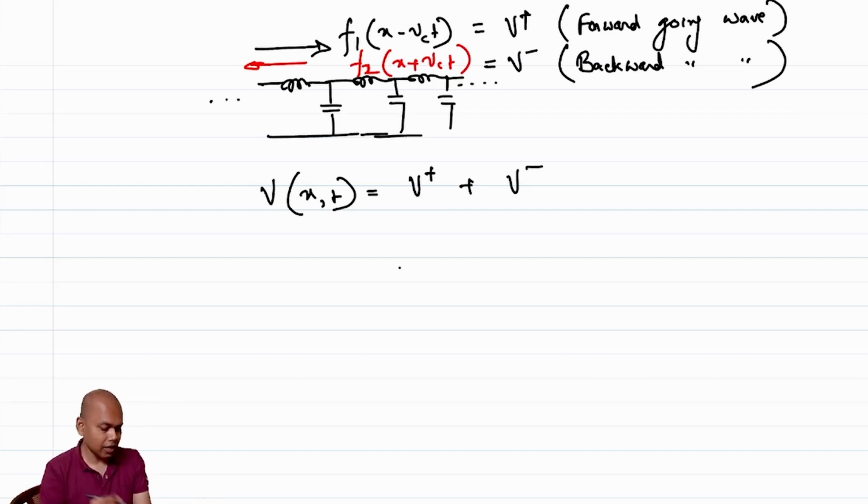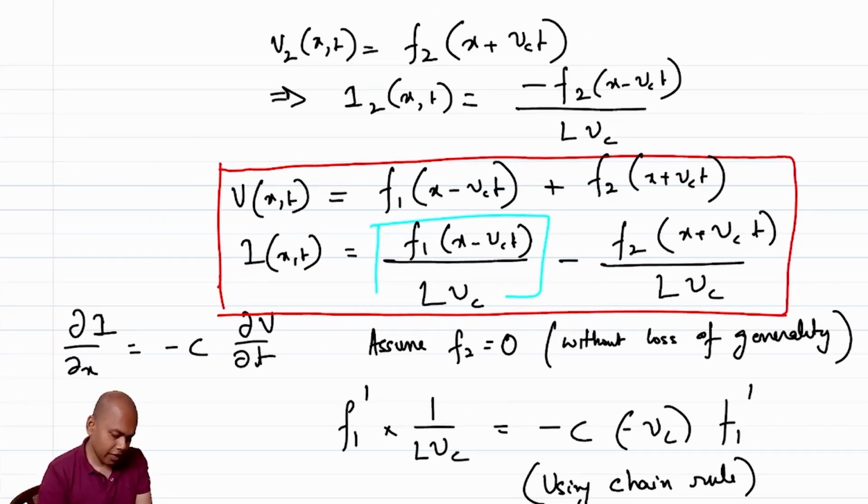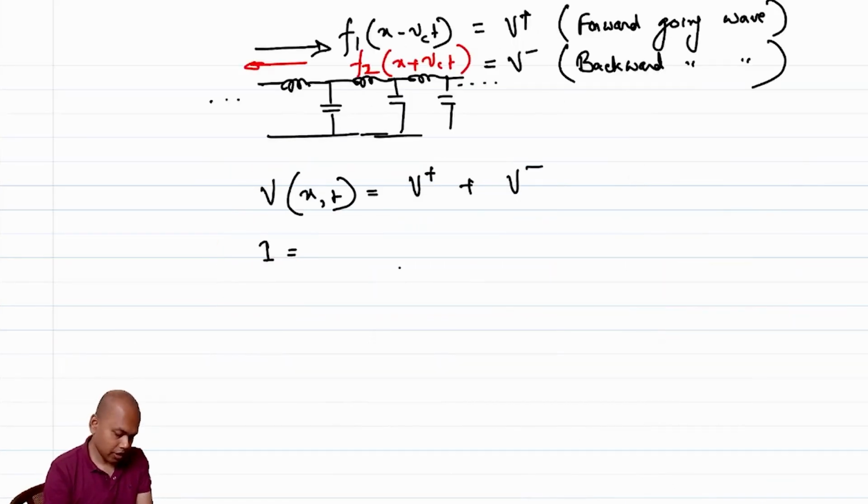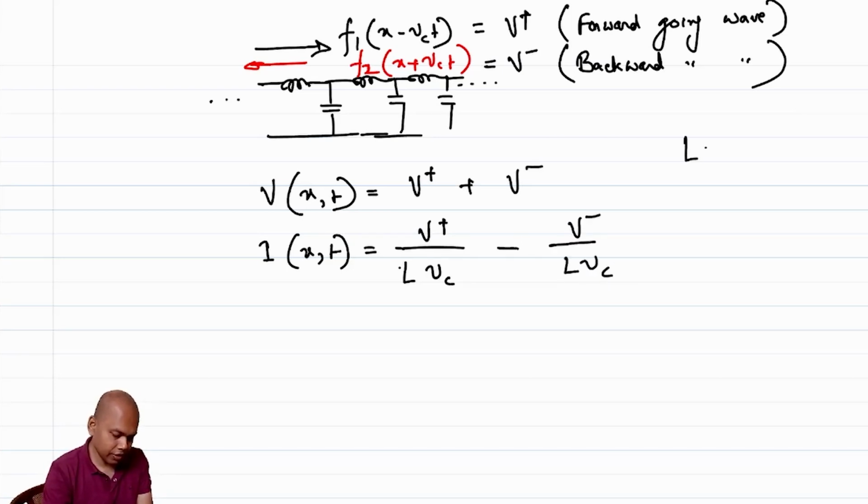And what is the current? Note that current is nothing but f1 over L times Vc minus f2 by L times Vc. The current I of x comma t is nothing but V plus over L times Vc minus V minus by L times Vc. Now what is L times Vc?